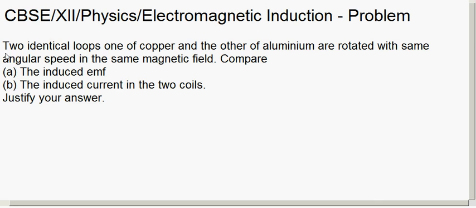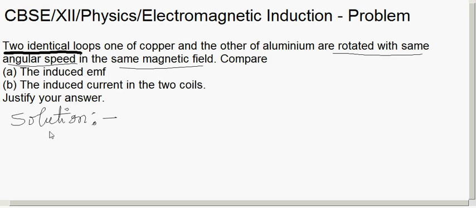Now here, it's two identical loops and they are rotated with same speed and in the same magnetic field. So when we consider these points, it's very clear that the induced EMF in both the loops will be equal, because the area of the loop is same, given that they are two identical loops.